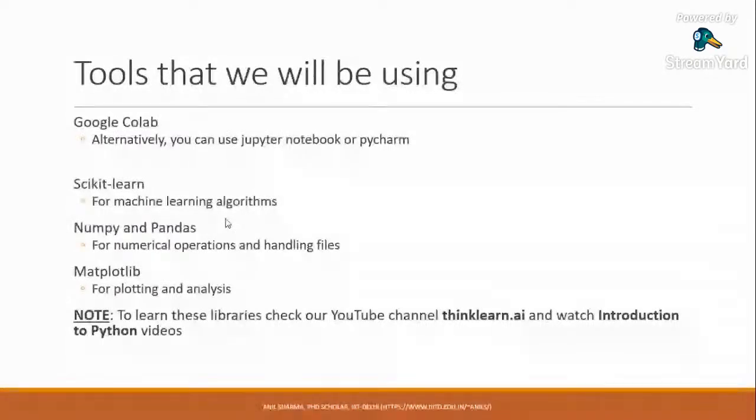We will be using NumPy and pandas for numerical operations and handling files. We will be using matplotlib for plotting and doing some analysis using the evaluation metrics that we will be finding. Last week, we discussed all these libraries in detail. If you haven't watched those videos, just go to our YouTube channel, thinklearn.ai, and watch the Introduction to Python videos.